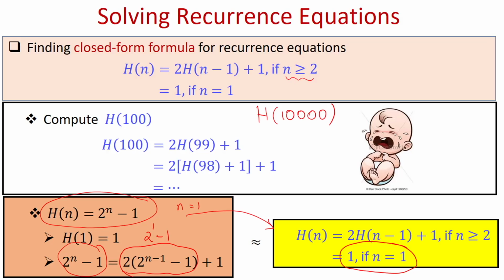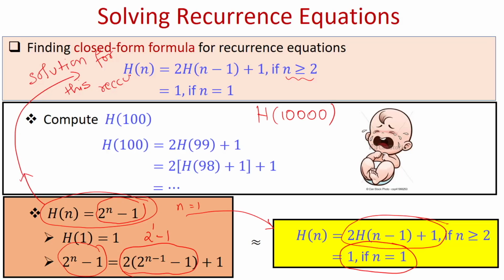And indeed, this 2 power n minus 1 is a function where if I substitute n being n minus 1, then I get this recurrence condition. That means this h of n function will be considered as a solution for this recurrence equation.